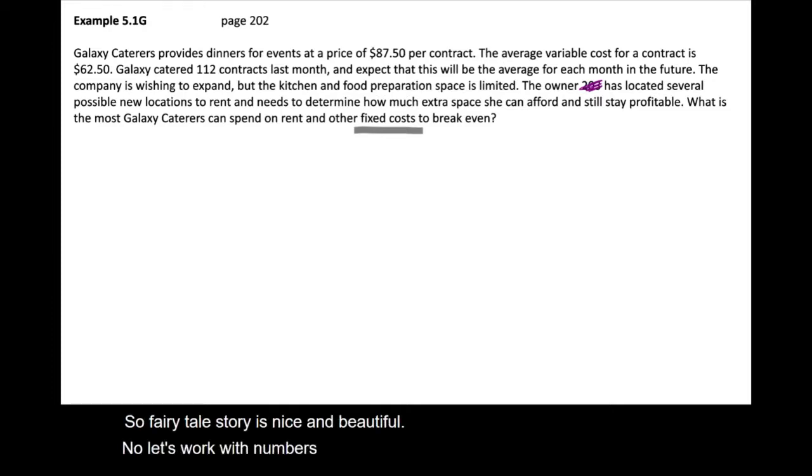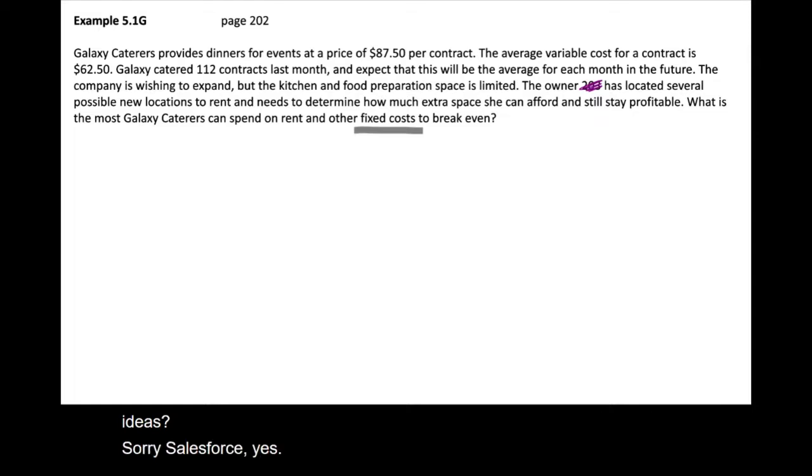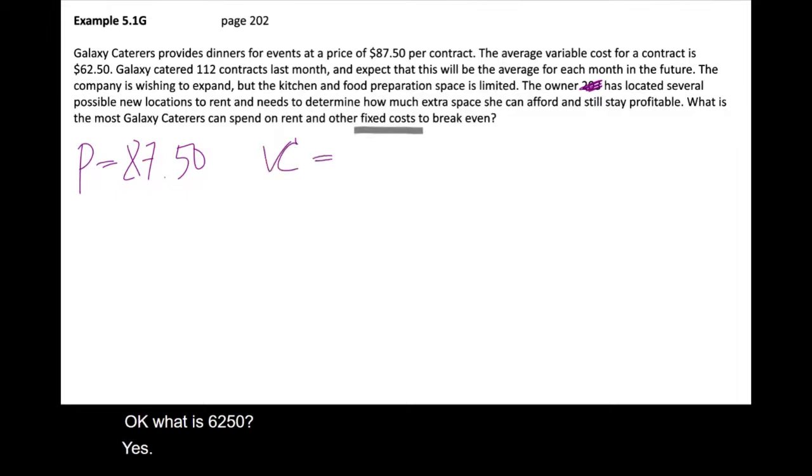So what is 87.50? What kind of value is that? Sales price, yes. P is 87.50. What is 62.50? Variable cost. Yes, variable cost 62.50.